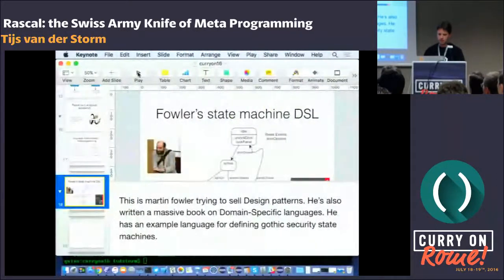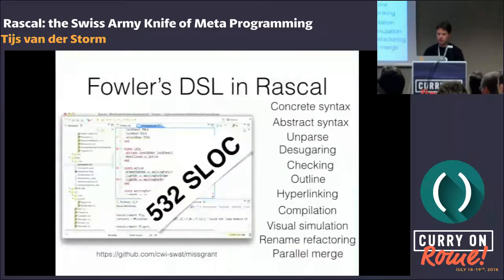Okay, so to conclude, this DSL implementation, I've not shown all the features yet, but basically defining the concrete syntax, the abstract syntax, an unparse function, desugaring, checking, outlining, hyperlinking, compilation, visual simulation, rename refactoring, also a parallel merge operation where you combine two state machines together.